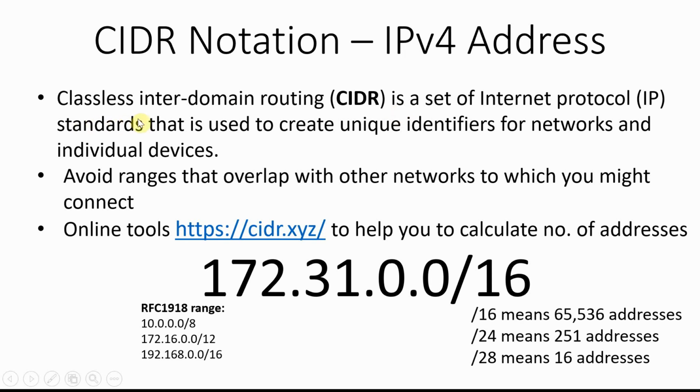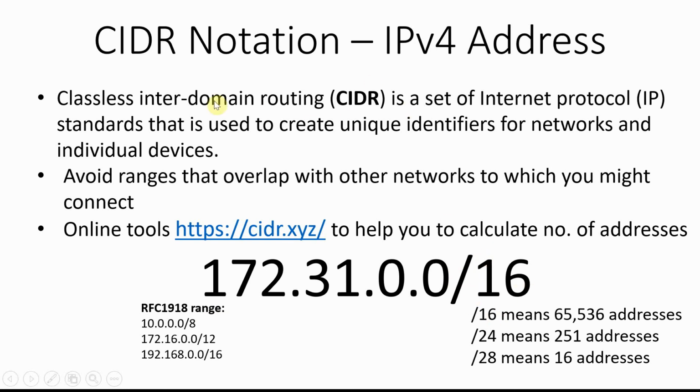Basically, this is called CIDR. In the exam, wherever they refer to CIDR, they are talking about IPs. CIDR stands for Classless Inter-Domain Routing. It is a set of IP standards, a kind of global standard for how IPs should work, how they should be created, and the logic to create them, even with a slash 16, for example.